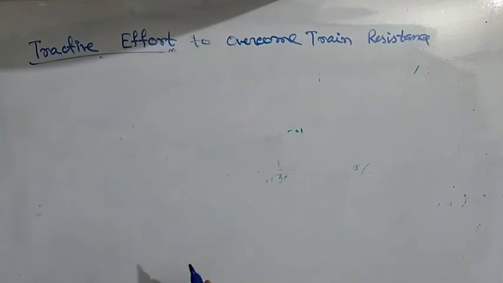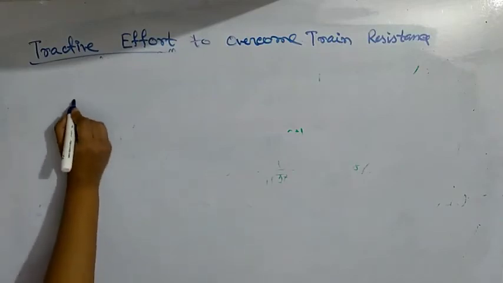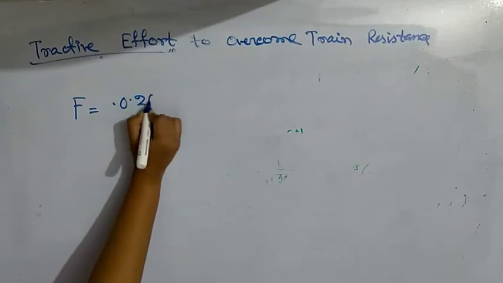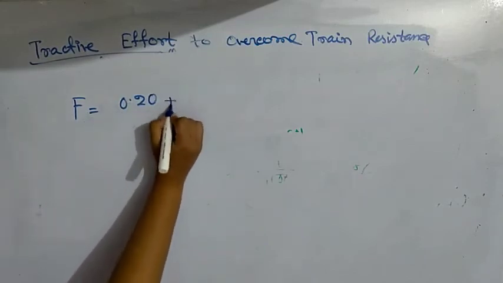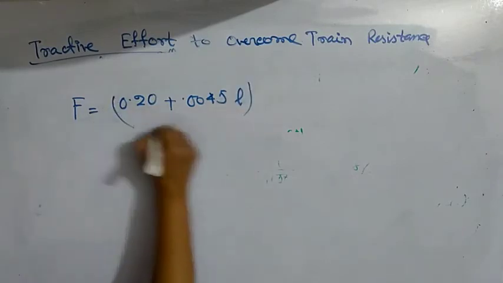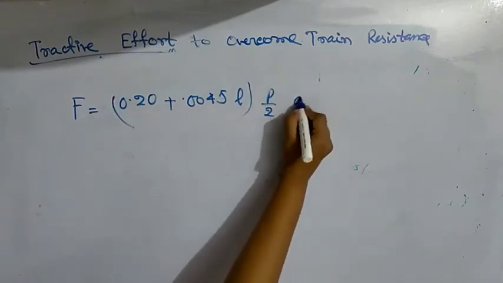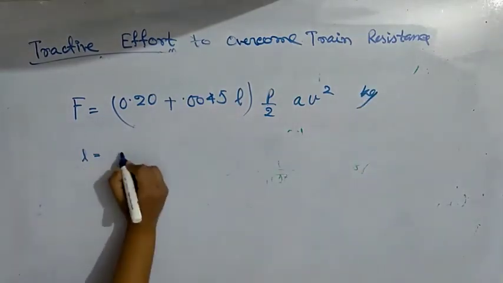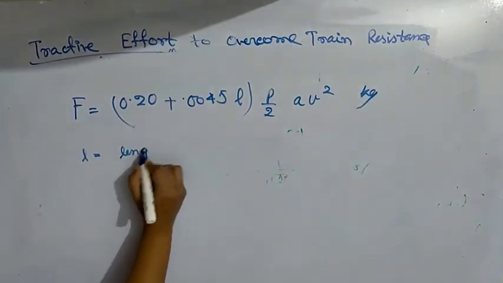The aerodynamic drag of the Tokaido line was determined by F equals 0.20 plus 0.0045 L into P by 2 A V square kg. Now, what is L? L is the length of the train in meters.